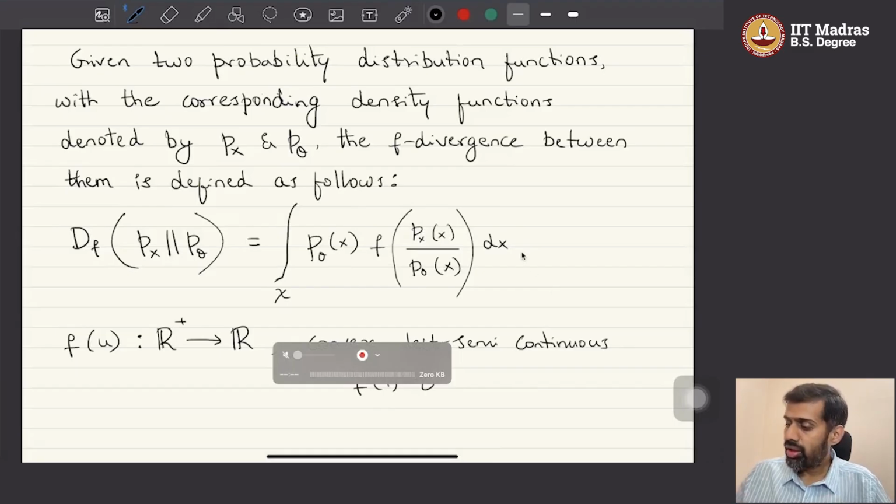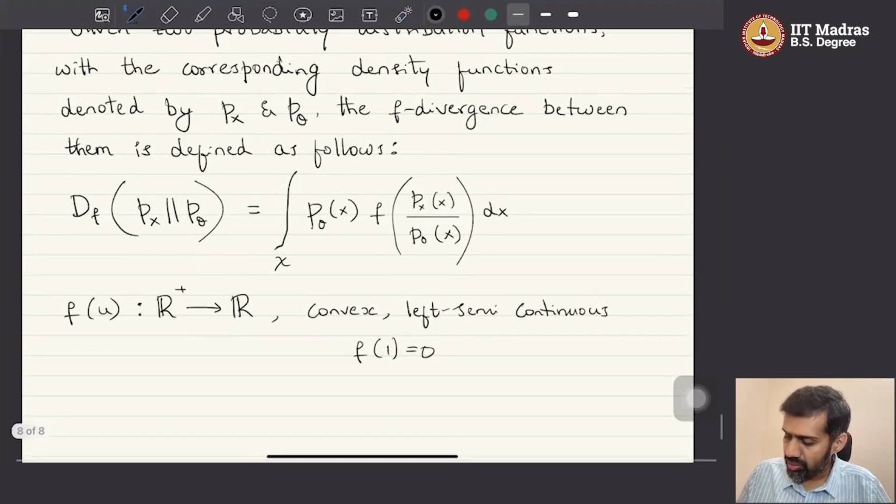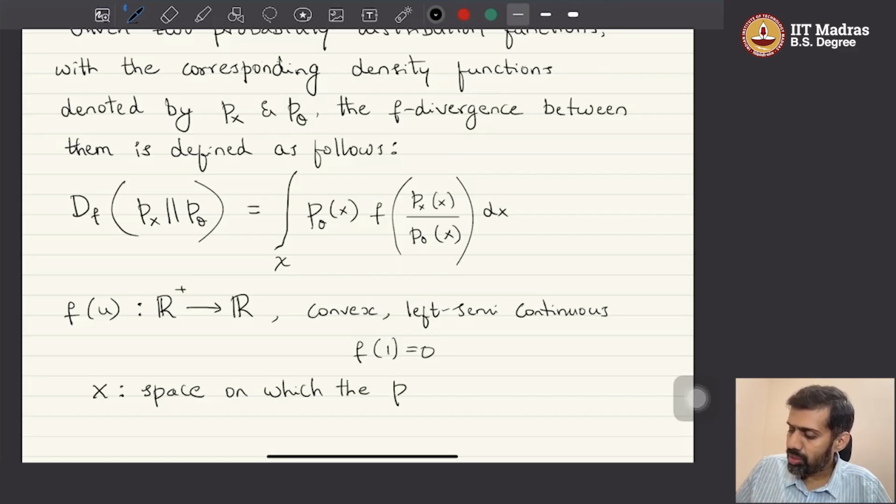Now, if you look at the definition, x is the space on which the distributions px and p theta are supported. Typically, this space happens to be Rd, the d-dimensional real space, because that is where our data is coming from.